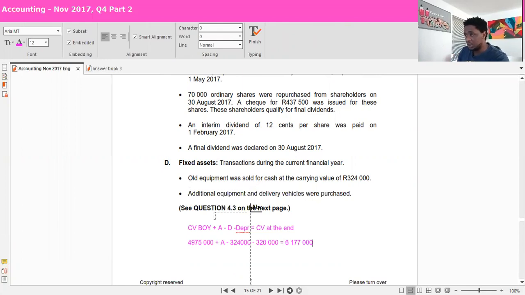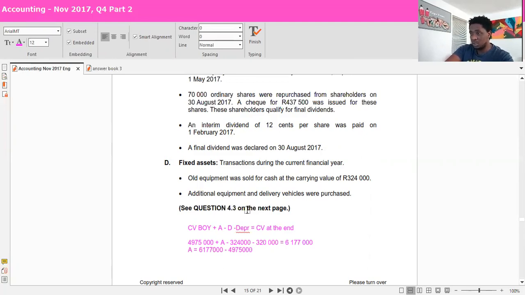Therefore, what you need to do is make A the subject of the formula, because you only have one unknown. So A is equal to 6,177,000, and then you subtract, because you're taking the 4 million to the other side, minus 4,975,000.